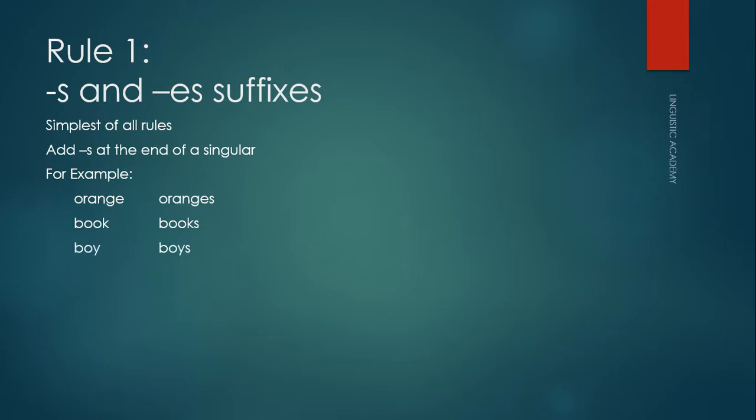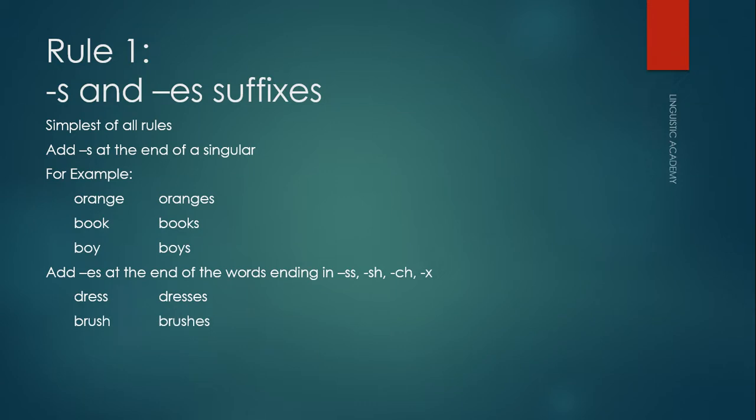Boy, boys. Now rule 1 also says that we add es at the end of the words that are ending in SS, SH or CH or X. For example, dress, dresses. Brush, brushes.